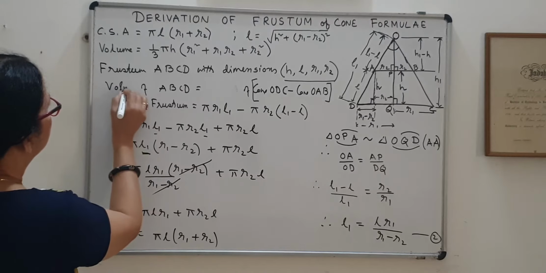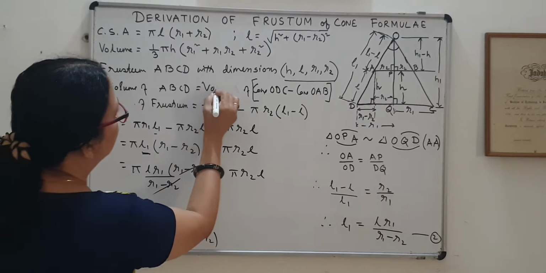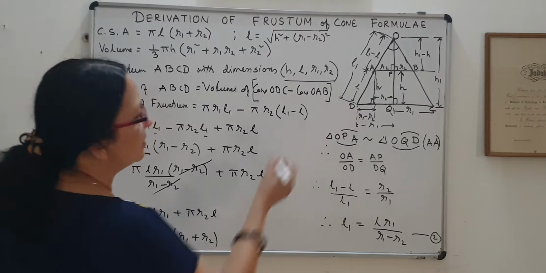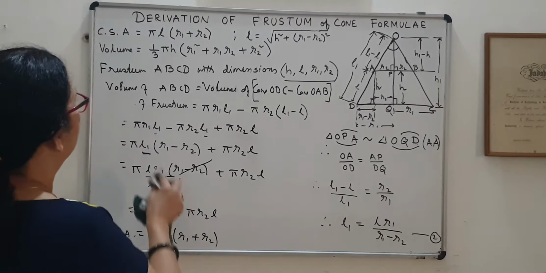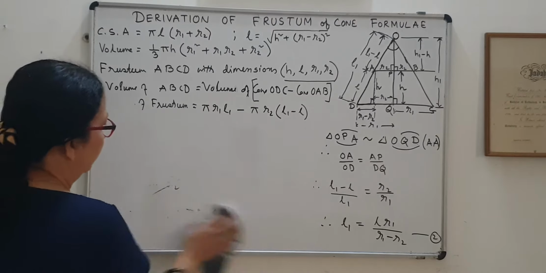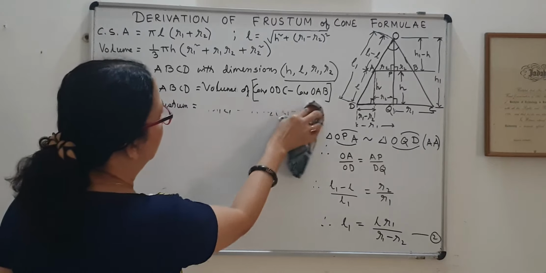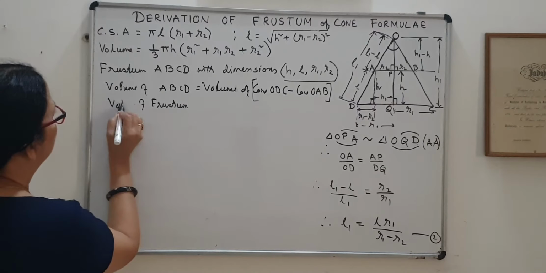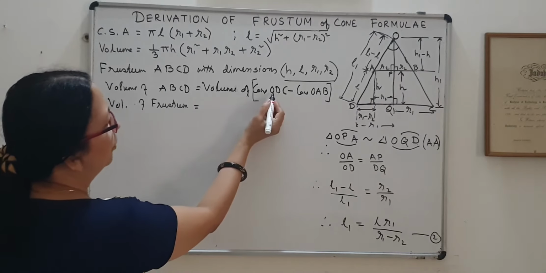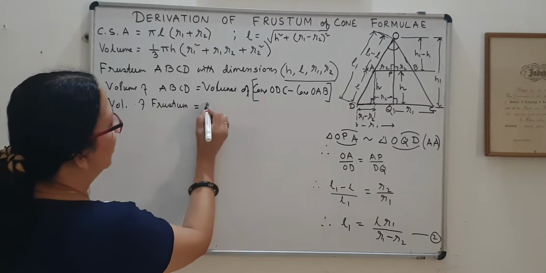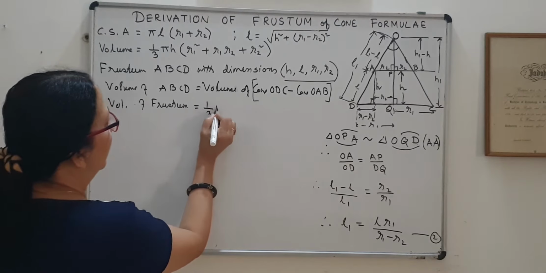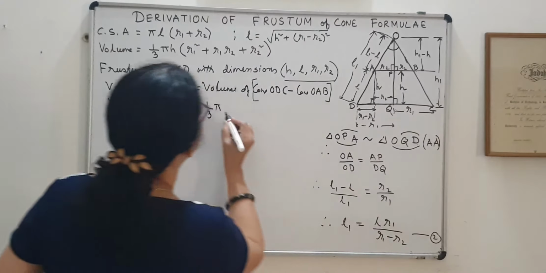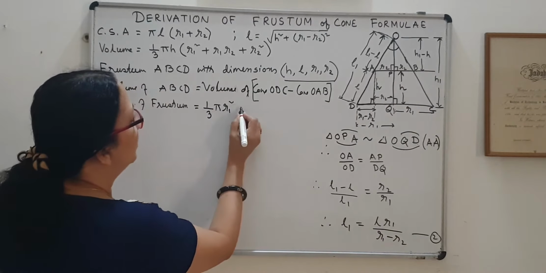Volume of this cone minus this cone. Same thing. So the formula will be different now. So volume of frustum: volume of the bigger cone ODC, we know the formula 1/3 pi r square h, and for the bigger cone R1 is the radius, so R1 square, and height of the bigger cone is H1.